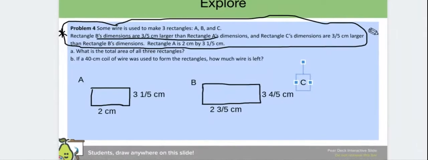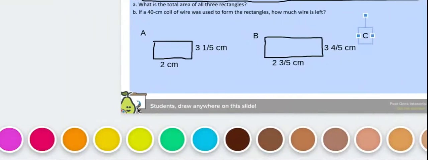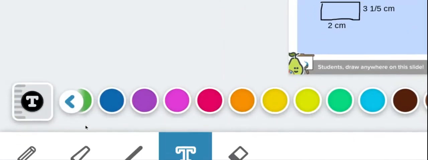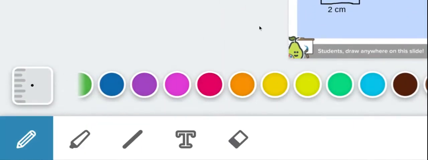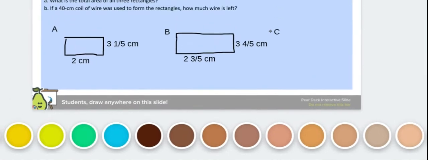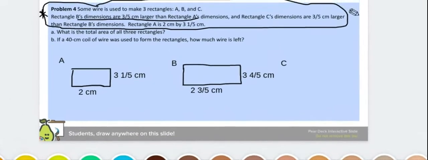So now let's do rectangle C. So I'm going to draw rectangle C. Remember, it's just a representation. It's not perfectly made. But let's read about rectangle C. So rectangle C's dimensions are 3/5 centimeters larger than rectangle B's.